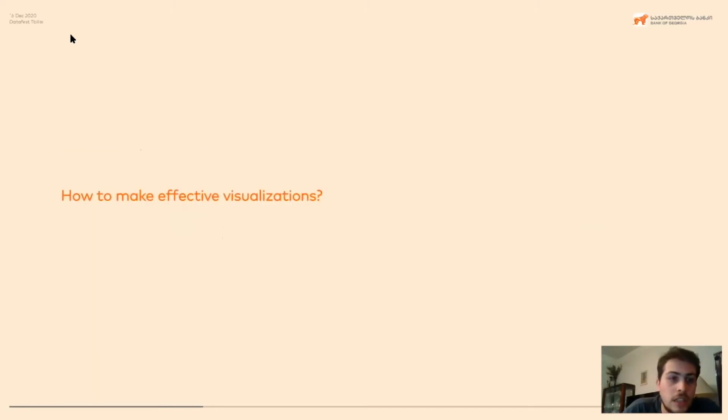We talked about the importance of data visualization and also mentioned bad visualization examples. If we agree that data visualization is important, then we have to visualize data and we should do it effectively. So the next question is how to make effective visualizations. I'm showing you popular examples of successful visualizations that might be familiar to you.